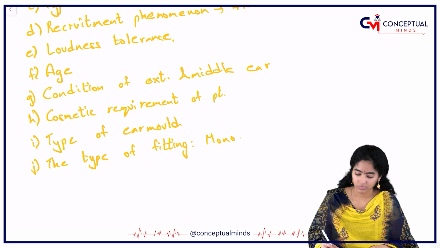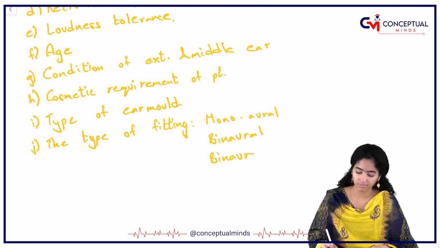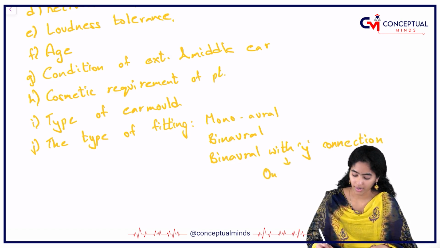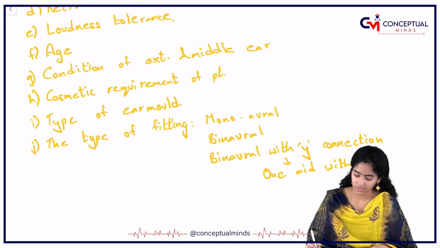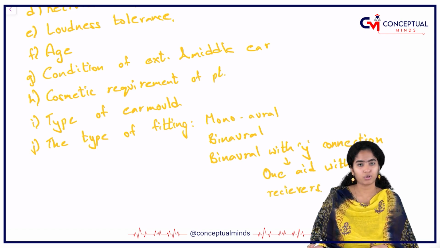Monaural, only in one ear, binaural in both the ears, and the third one that I told you is binaural with a Y connection. What is this binaural with Y connection? One aid with two receivers. Is this clear to all of you?